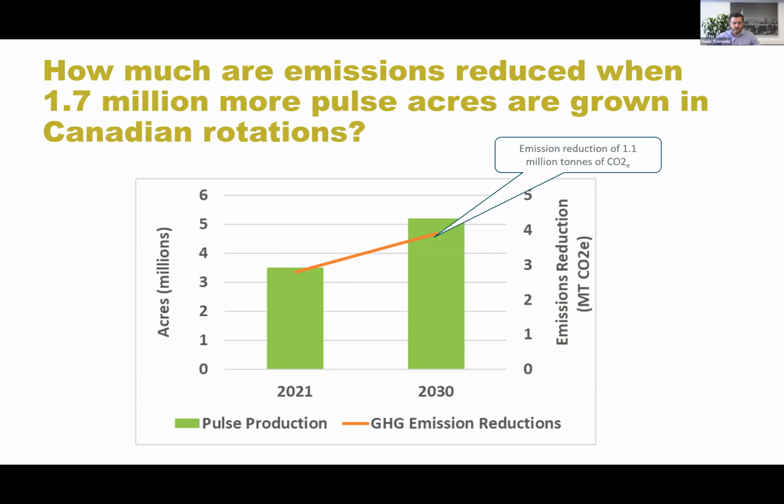We focus heavily at Pulse Canada on highlighting that with our federal government, but also with our markets that have an interest in utilizing pulses or reducing emissions in their supply chains. There's a real benefit to utilizing pulses for that purpose, and a real opportunity to maximize that when we can. We're really a market focused organization, and that's a big, heavy focus of ours.